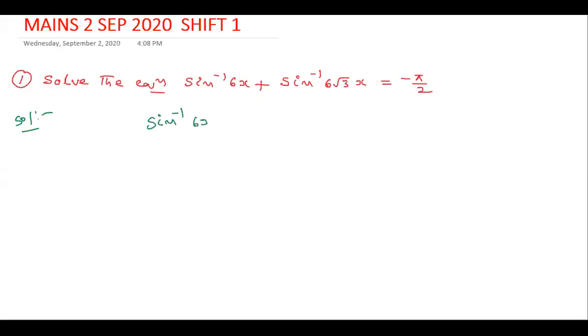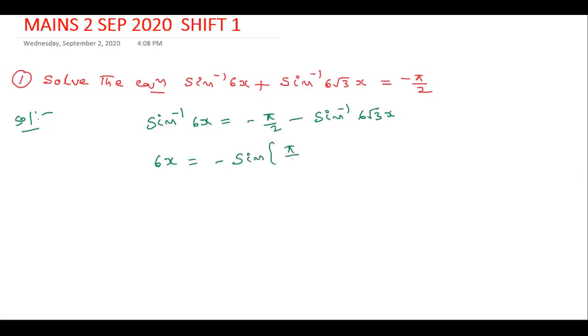Sine inverse of 6x is equal to minus pi by 2 minus sine inverse 6 root 3x. Now on the right hand side, take minus common. Sine of minus theta is minus sine theta.